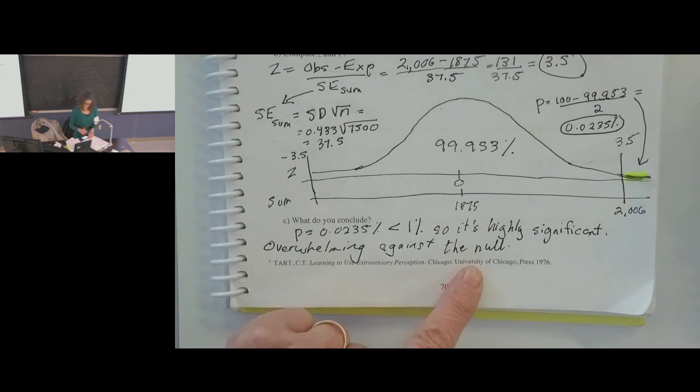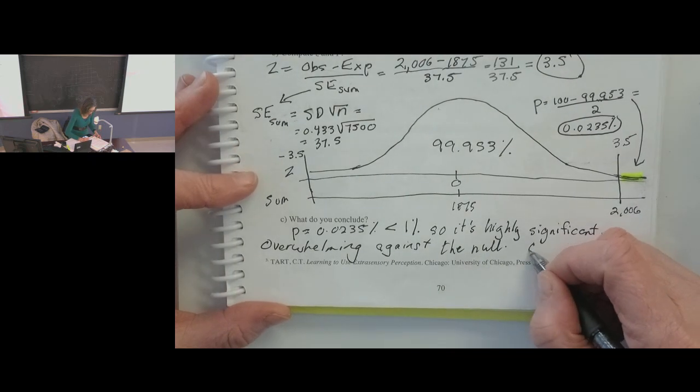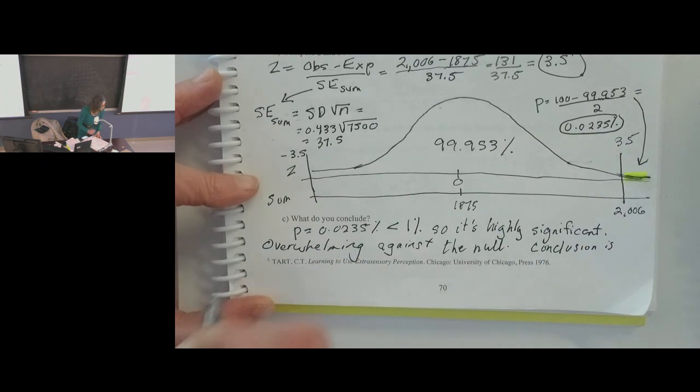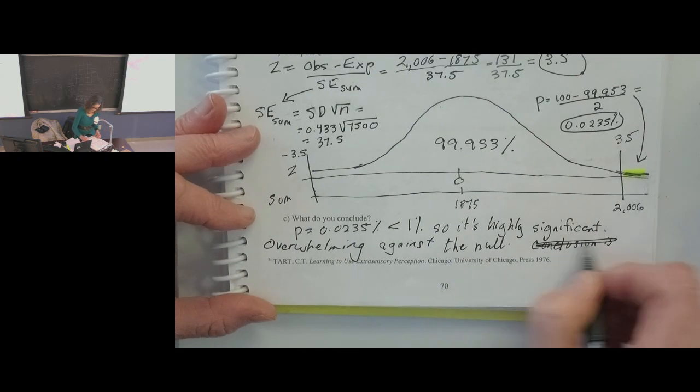But maybe. It's overwhelming against the null. So it happened for a reason, but not necessarily ESP. Okay? So the conclusion is that this didn't happen by chance, but it's not necessarily ESP. I'll just write that down here.